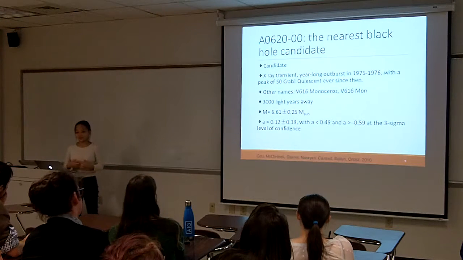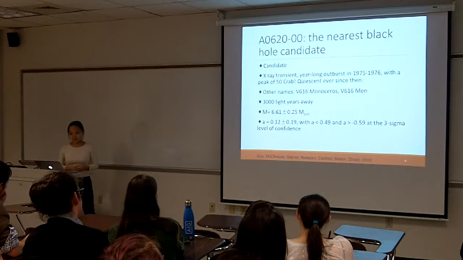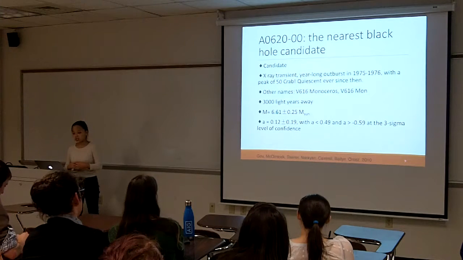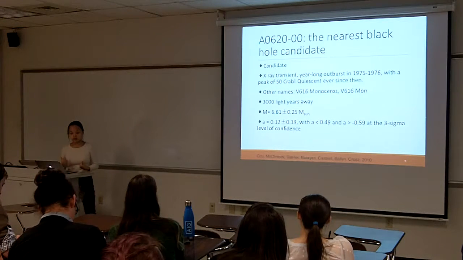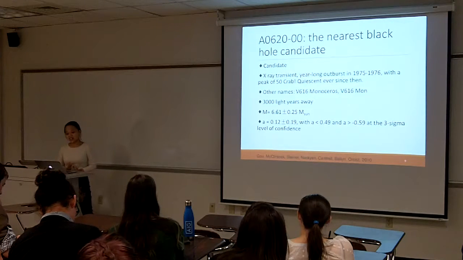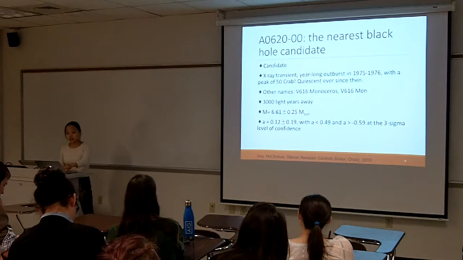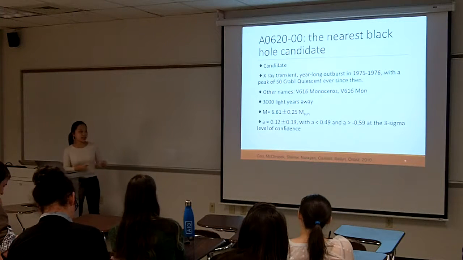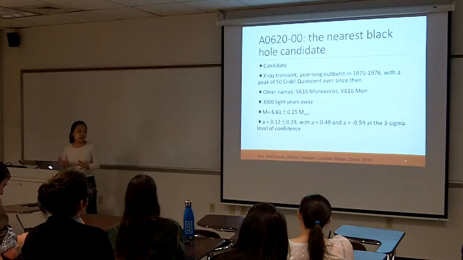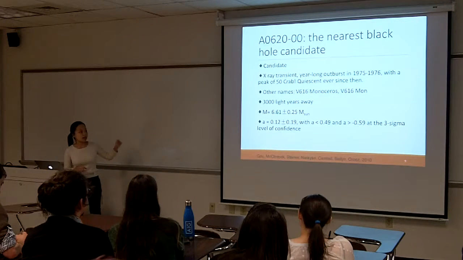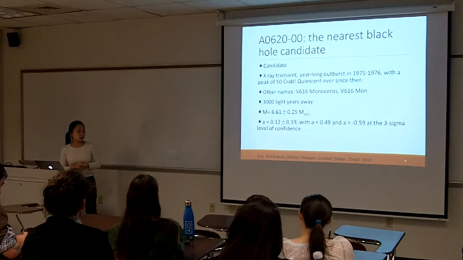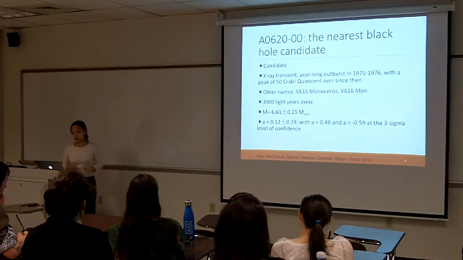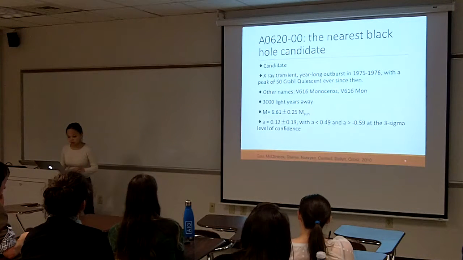It is 3,000 light years away from us. According to this paper, the mass is 6.6 plus or minus 0.25 solar masses. And this paper actually only calculated the spin, and this group has done some work to constrain the mass in another paper. In this paper, they just used the result from their previous work.